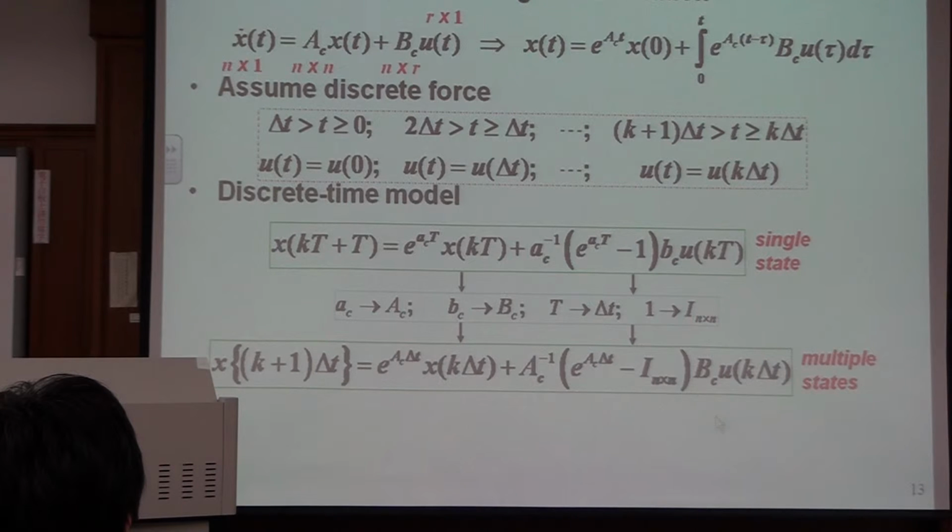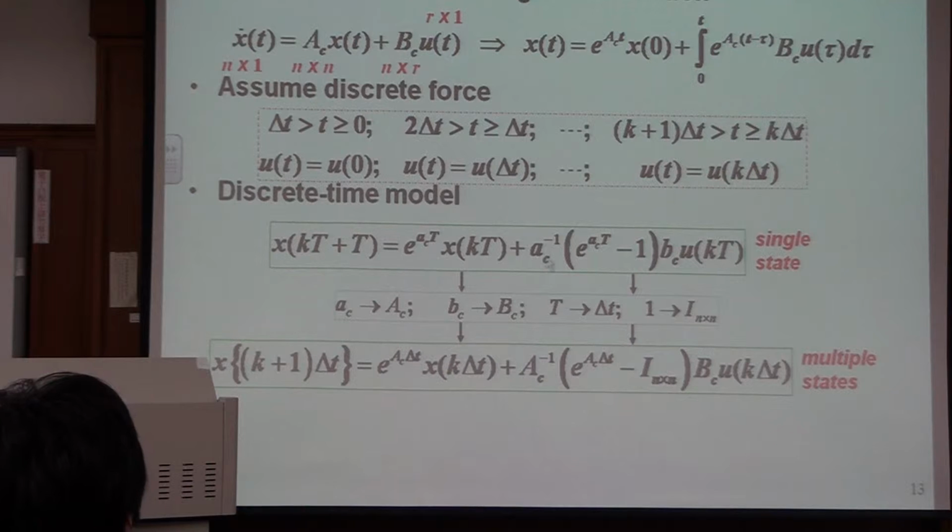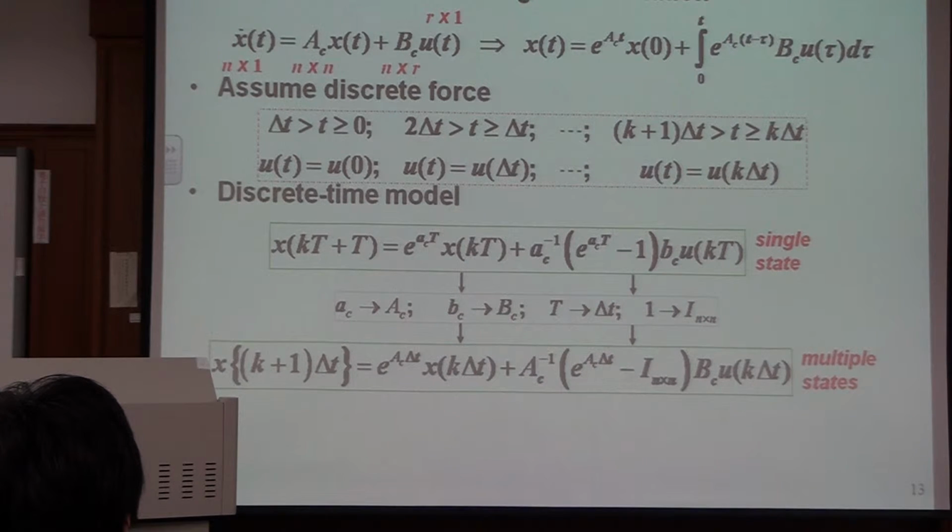This is why in here I did not use division. I used AC inverse, because I want to mimic again from multiple states to the single state case. So this has become a matrix inverse. A, C, T, I, C, and so on.